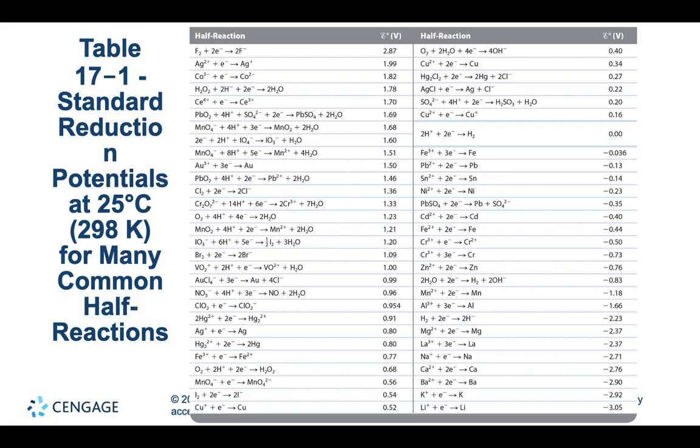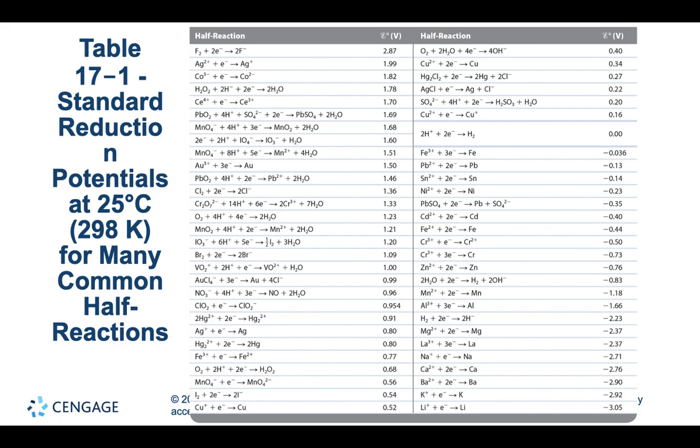Now, what else did I want? I wanted to be able to get Au3 plus from Au. Well, that's actually oxidation, so that means it would have to be below this one. But when I find it on the chart, it's actually at 1.50 volts. Au3 plus plus 3 electrons yields Au. So they are in the wrong orientation.